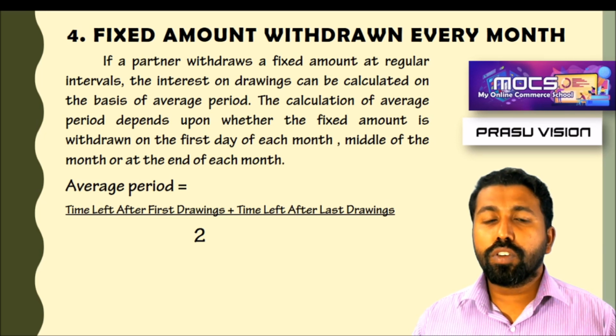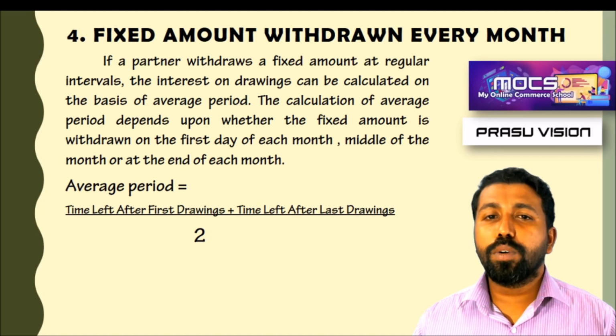So first of all, we have to learn one concept, that is average period. It is not possible to fix the accurate amount of interest on drawings, so we have to use the concept of average period for which the interest is calculated.